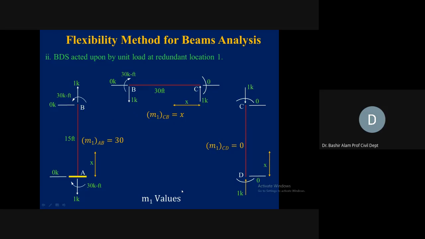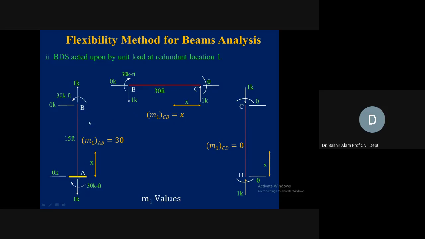Now remember, once we fix these origins for the capital M values, we will have to follow those origins. We cannot change those origins now. So for AB, again, we are taking this A as origin. Moment is 0 times X plus 30, so M1 for member AB is coming 30. This is the moment equation, and it is applicable throughout this AB length, which is 15 feet.